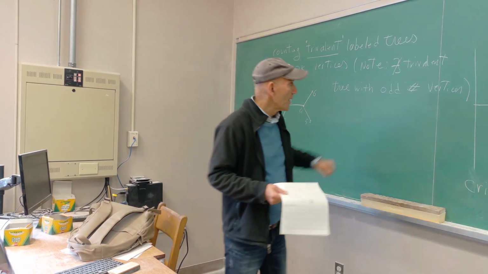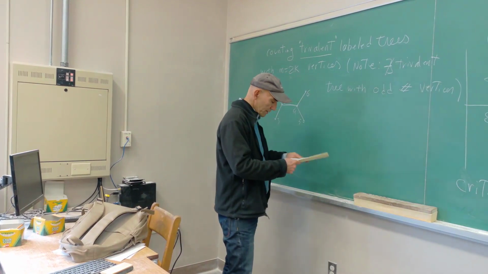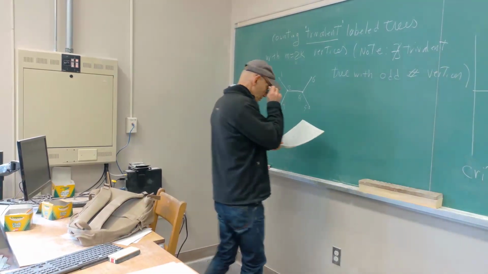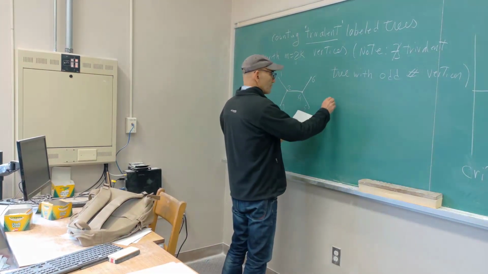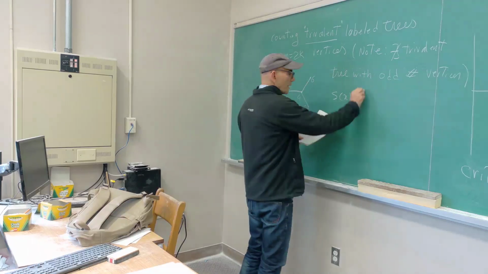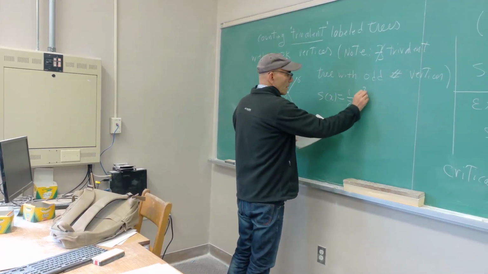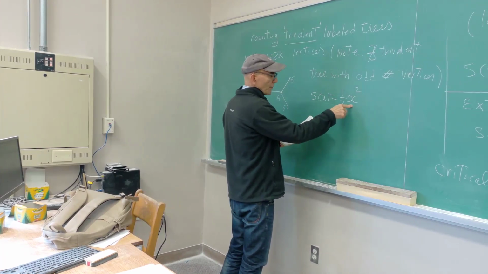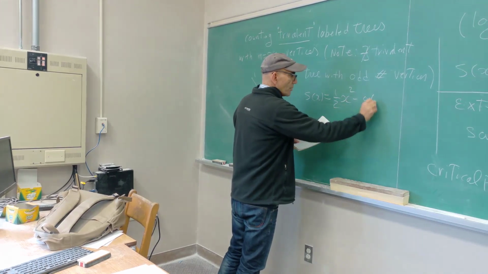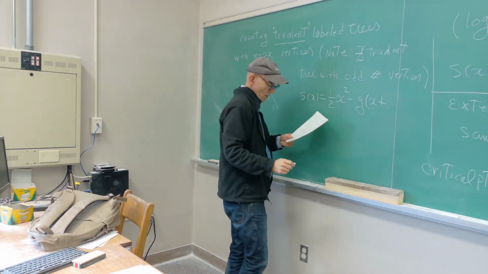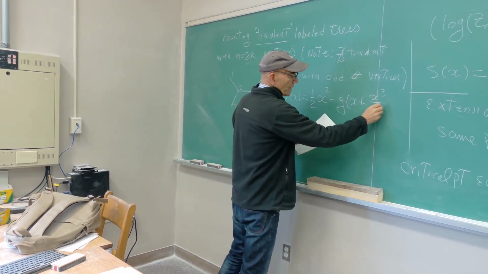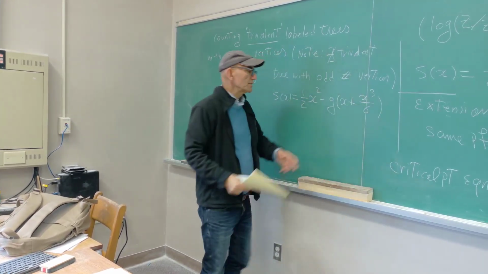I thought about it. But in this case, it's also standard that we have to choose this action. So S of x is equal to 1/2 x squared. Well, the quadratic part has to be there, minus g times x plus x cubed over 6, which is 3 factorial. And you can see why.